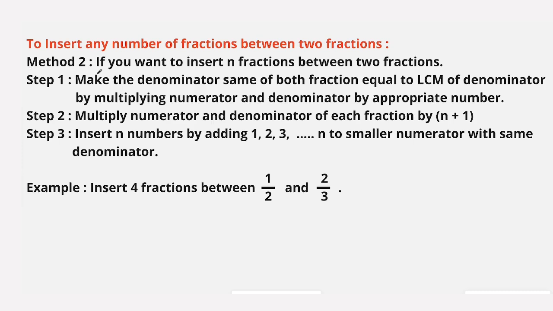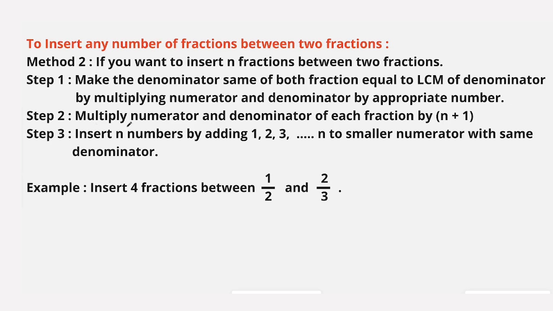Method 2. If you want to insert n fractions between two fractions, step 1. Make the denominator same of both fractions equal to LCM of denominators by multiplying numerator and denominator by appropriate number.